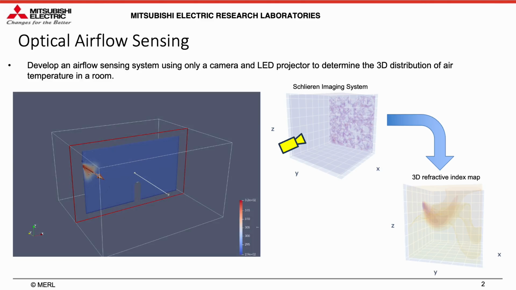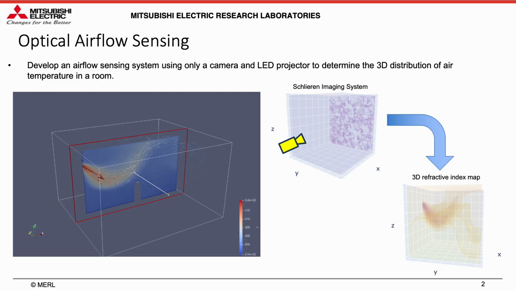Our goal is to develop an airflow sensing system that uses only a camera and potentially an LED projector to reconstruct the 3D distribution of air inside of a room. The idea is based on Schlieren imaging, and specifically background-oriented Schlieren imaging, where you place a camera on one side of the flow, and that is focused on a textured pattern on the opposite side of the flow.